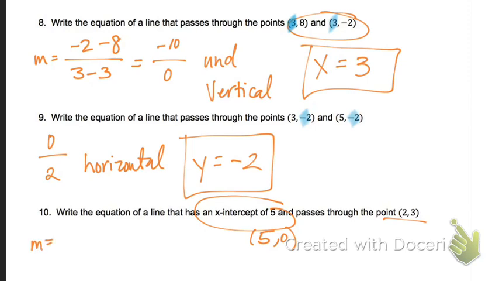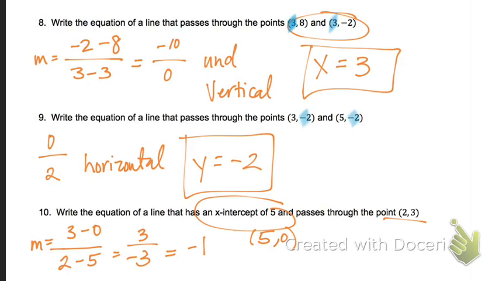So my slope will be 3 minus 0 over 2 minus 5. Three over negative 3, that reduces to what? Negative 1.